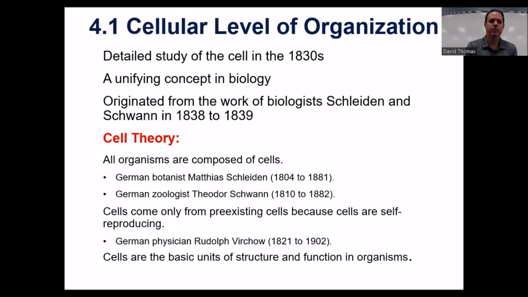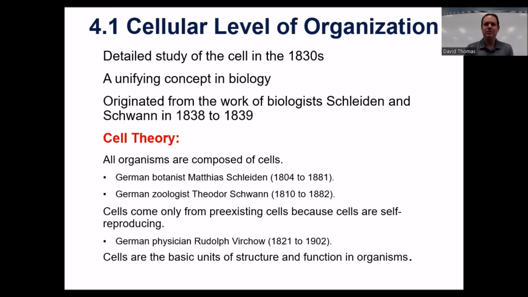Schleiden was a botanist, so he was looking at plant tissue, and realized that those plants were comprised of little individual units that they called cells.